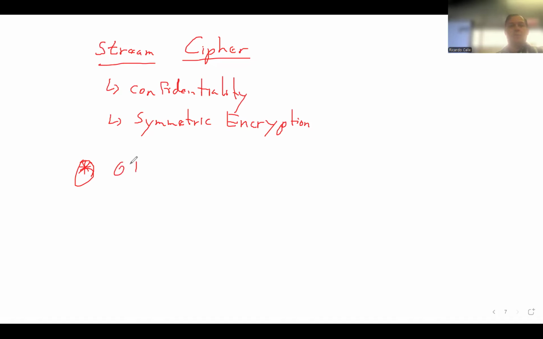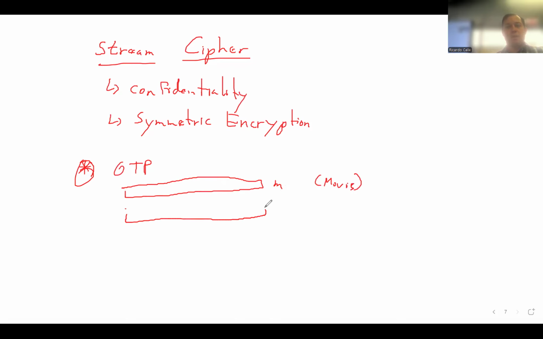So he's saying the OTP is secure, most definitely, but assume that's a rectangle, so that's M, and assume this is like a movie. So that's really long. The definition is basically saying that we can XOR with a key, but the key needs to be as long as the message.